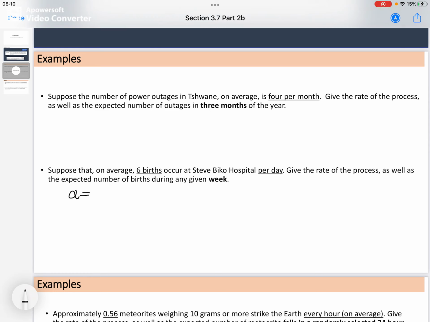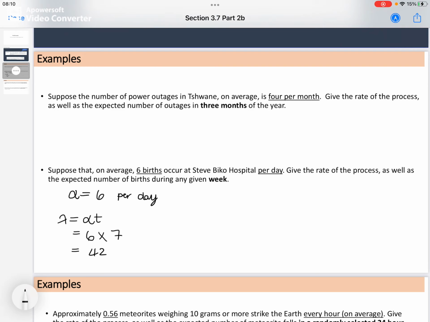okay, so we have here the rate of the process is equal to 6 births per day. And so the Poisson process says for any given week, lambda is equal to alpha t. So lambda for any given week is equal to 6 times, what is the time now for a week? If we have 6 per day, then in a week you have 7 days, right? 6 times 7. And so our lambda changed from a rate of 6 to another rate where we are looking specifically at the number of births per week.